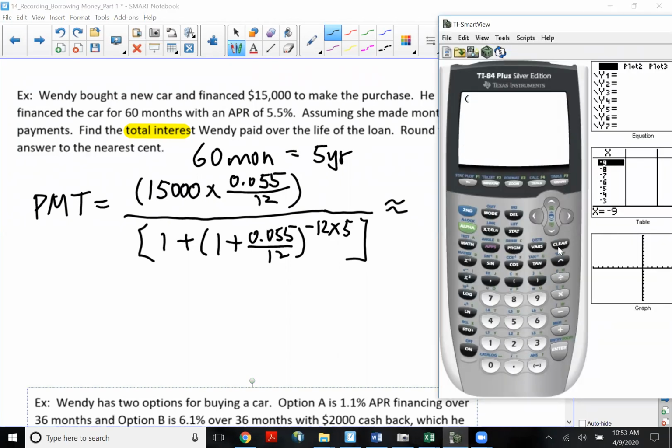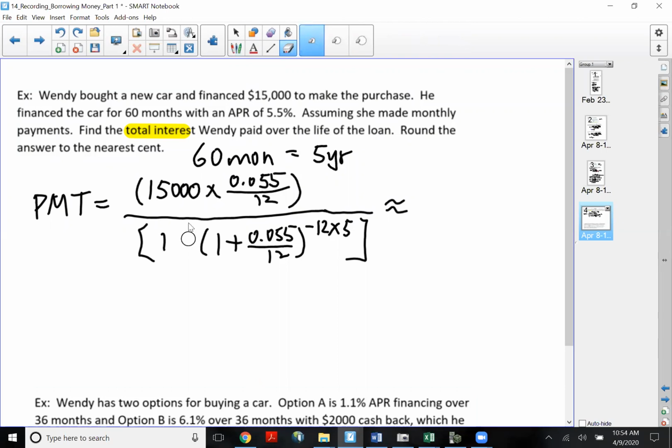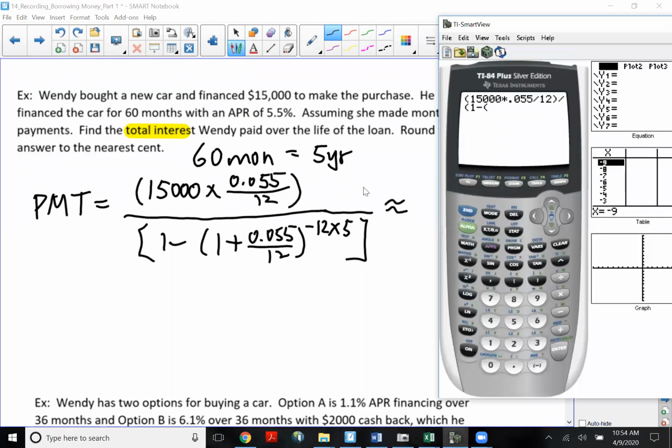Open parenthesis, 15,000 times 0.055 divided by 12, close parenthesis, divided by, open brackets, 1 minus, open parenthesis, 1 plus 0.055 divided by 12, raised to negative 60 power, close the brackets.